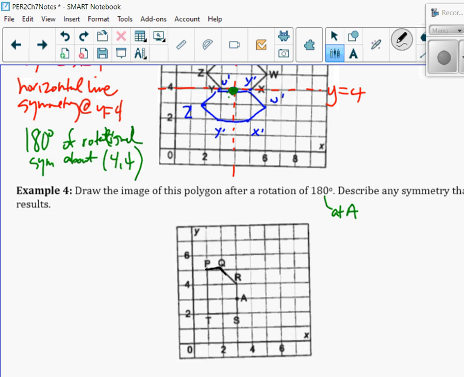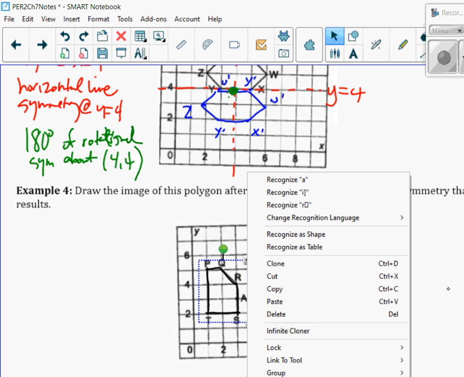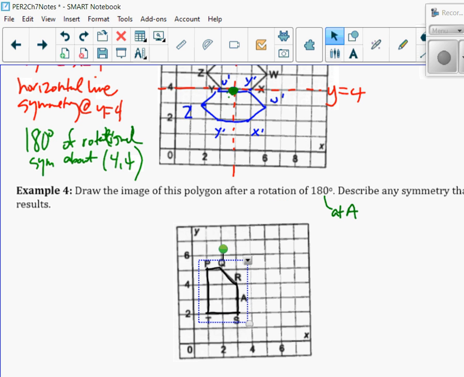Again, you could take the tracing paper. Okay, 180 degrees means, I'm just going to group that. Hopefully this will work good this time. Oh, it's not. It's already grouped. Okay, so rotating it 180 degrees. It doesn't matter if I go left or right because 180 degrees will be the same.